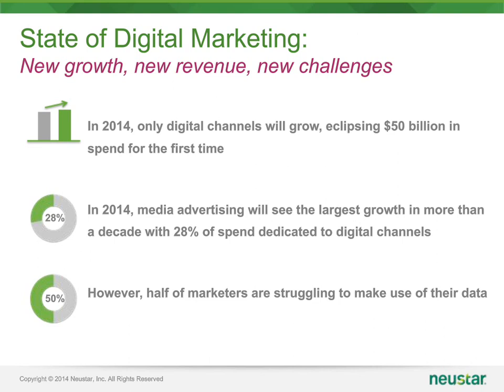If you look at 2014, eMarketer, for example, is validating that by predicting that digital channels are the only channels that will grow compared to 2013, and as a matter of fact will eclipse $50 billion in spend for the first time. So the momentum for digital continues, and we see the largest growth in a decade, with 28% of the spend allocated to digital channels.